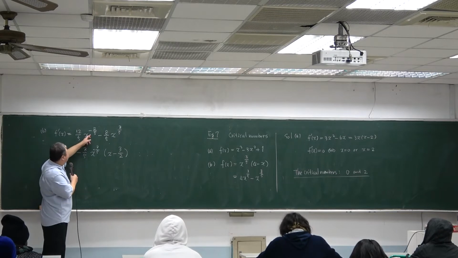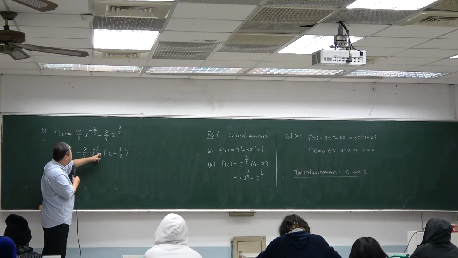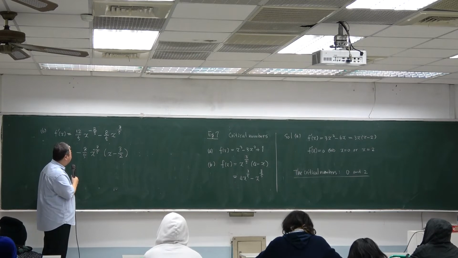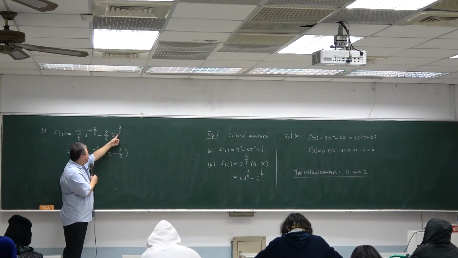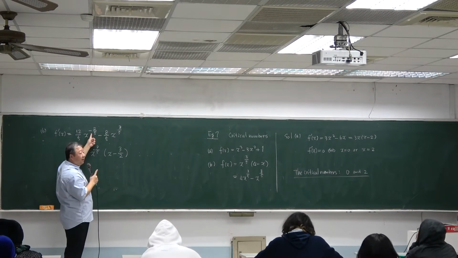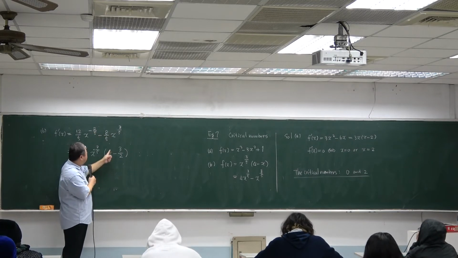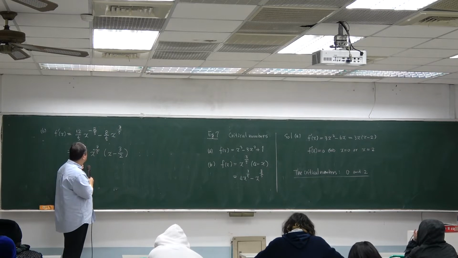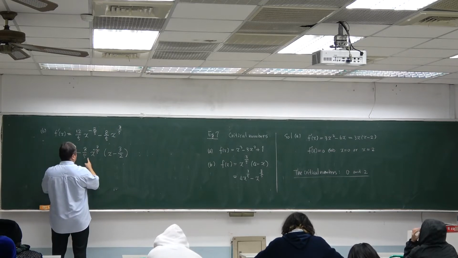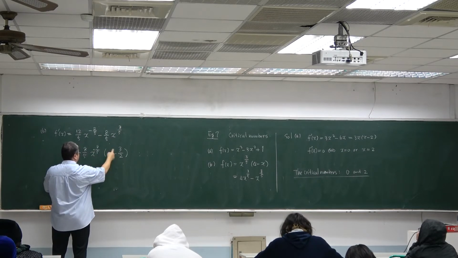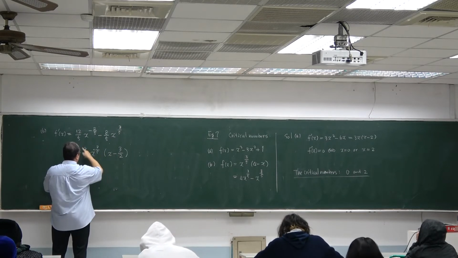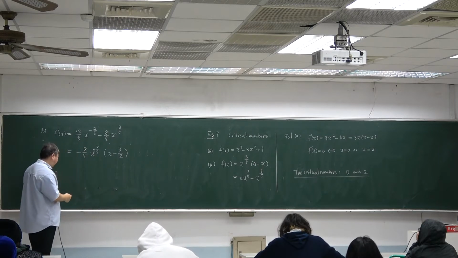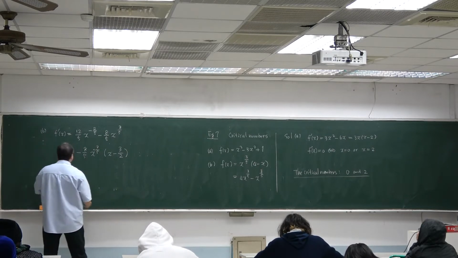We choose the smaller one, take the smaller one outside. This exponent is greater than this exponent by 1. So we have x with exponent 1 here. And minus 8/5. Minus and minus, plus. So 12/5.